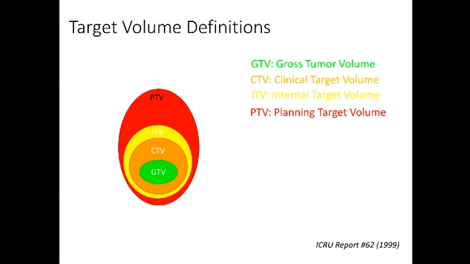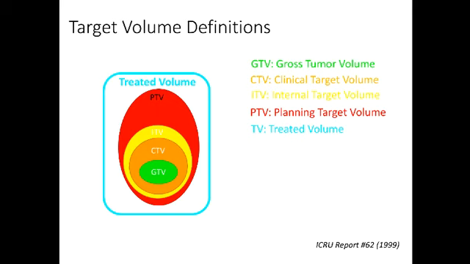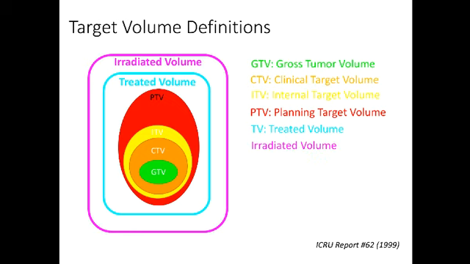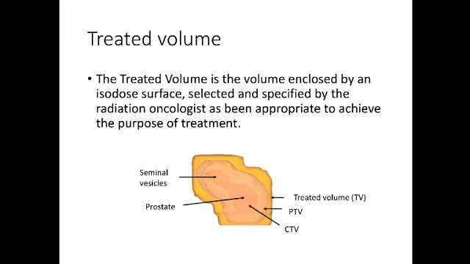And then finally, there's a planning target volume, a PTV. That accounts for the setup uncertainties and a margin to make sure you treat the intended target. Then there's a treated volume, TV, which is the volume that receives the treatment dose. And then there's the irradiated volume, which the ICRU defines as the largest volume that receives a substantial dose that they define. So let's look at treated volume.